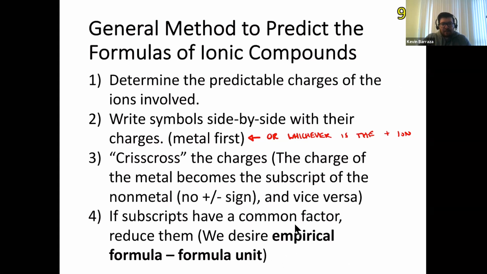If the subscripts have a common factor, we reduce them. And this is because ionic compounds are always described as empirical formulas, or in other words, a formula unit. But that's the basic method. We write the partners with their charges, we crisscross their charges, and we reduce if necessary.